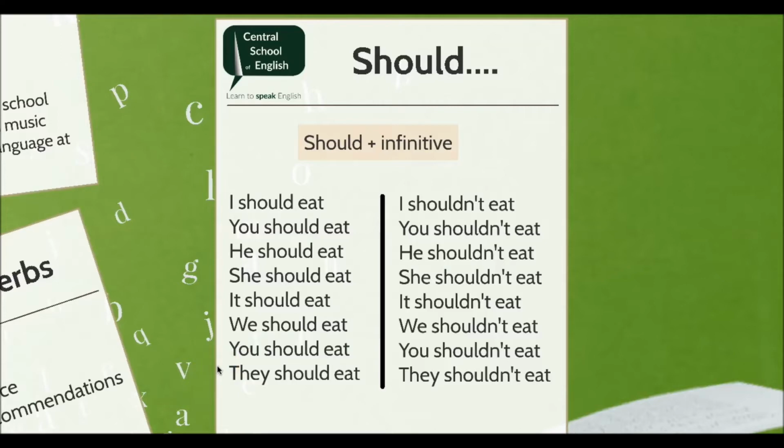To make a negative sentence, we can say, I shouldn't eat, you shouldn't eat, he shouldn't eat, she shouldn't eat, it shouldn't eat, we shouldn't eat, you shouldn't eat, they shouldn't eat.